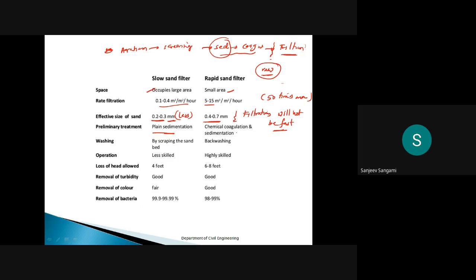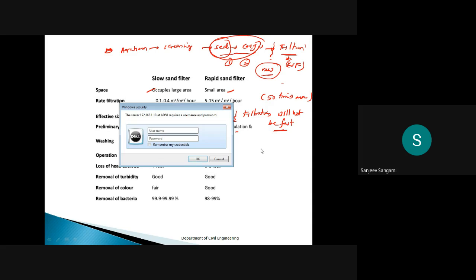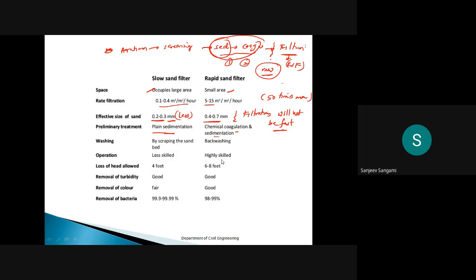Rapid sand filtration also requires coagulation, so one process and two processes are required when you are sending to an RSF. Normally, rapid sand filtration is designated as RSF, and slow sand filtration is designated as SSF.